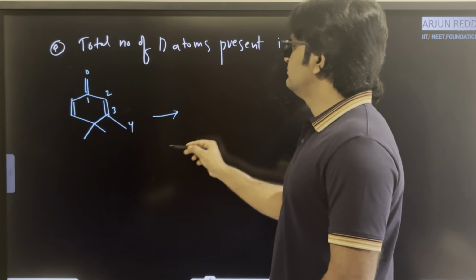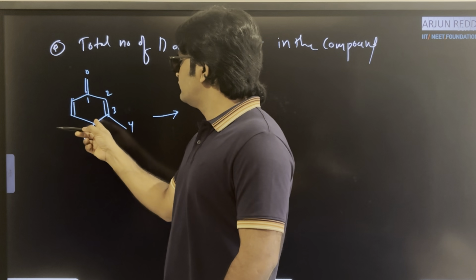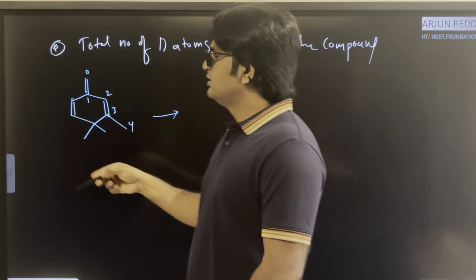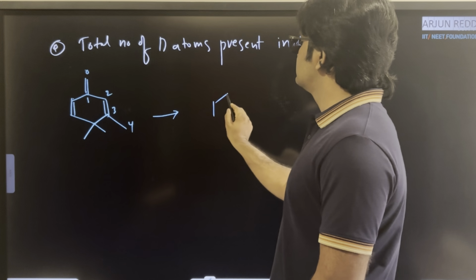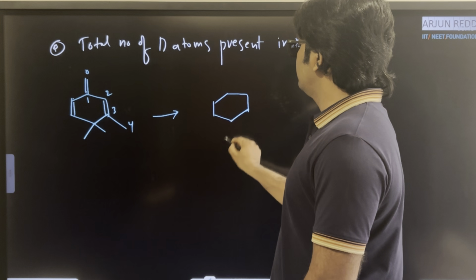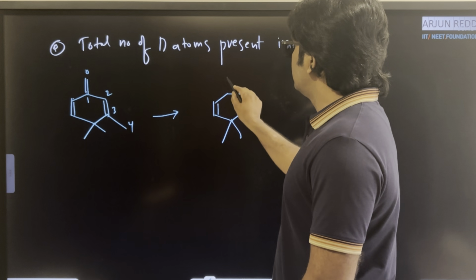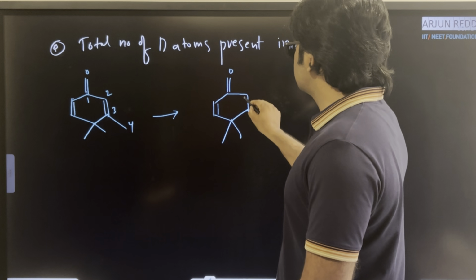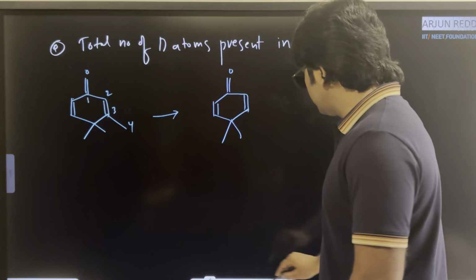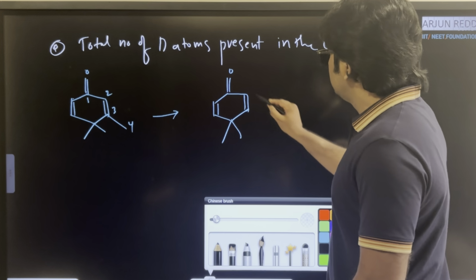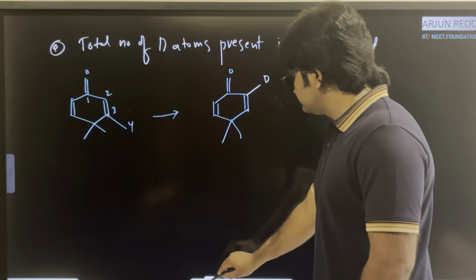But in this direction 1, 2, 3, 4, here there is no acidic proton. That's why it is not possible to replace hydrogen from left side. Here how to write the final resulting product? Pi bond, C double bond O. Next one here double bond. And what are the positions for deuterium? Here you can take 1 deuterium.